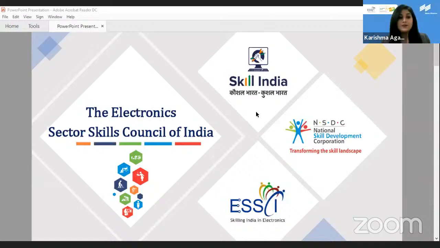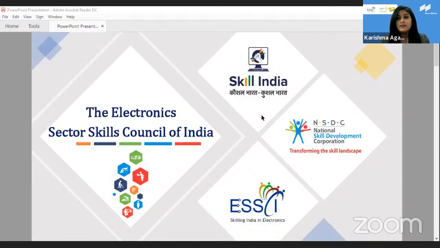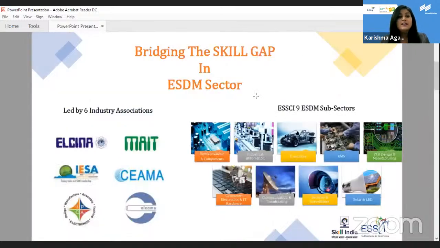So basically, the Electronics Sector Skills Council of India is working closely with the Ministry of Skill Development and Entrepreneurship and the National Skill Development Corporation to achieve the objective of the Skill India mission. We are working to bridge the gap in the ESDM sector. ESSCI is led by 6 industry associations, namely ALCINA, MAIT, IESA, SIAMA, IPCA, and ELCOMA.